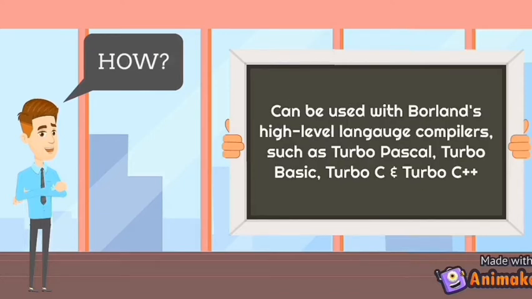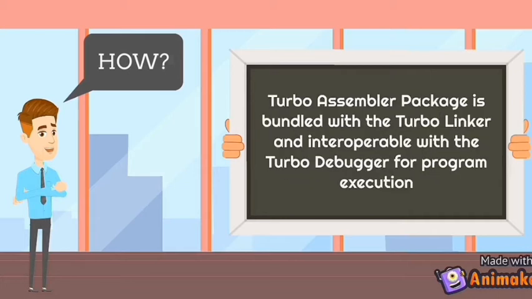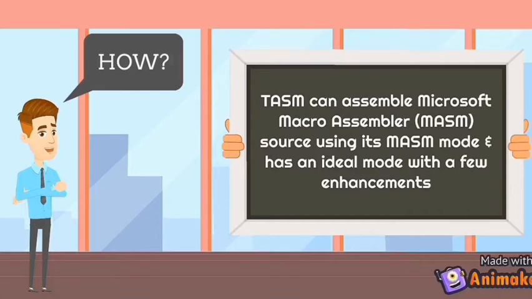Can be used with Borland's high-level language compilers such as Turbo Pascal, Turbo Basic, Turbo C and Turbo C++. Turbo Assembler package is bundled with the Turbo Linker and interoperable with the Turbo Debugger for program execution. TASM can assemble Microsoft Macro Assembler MASM source using its MASM mode and has an ideal mode with a few enhancements.